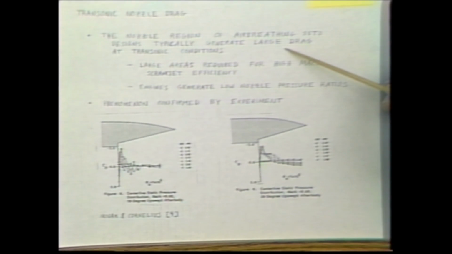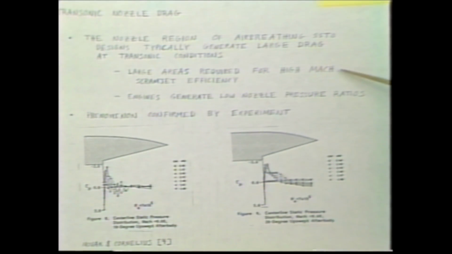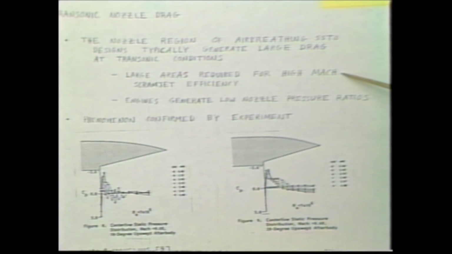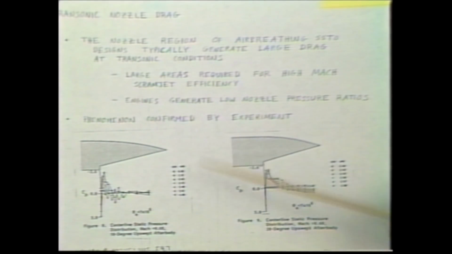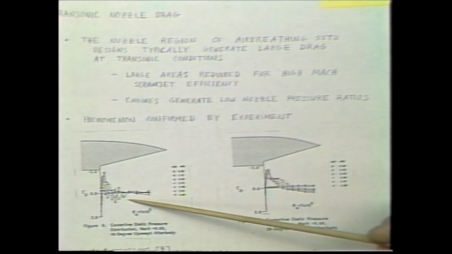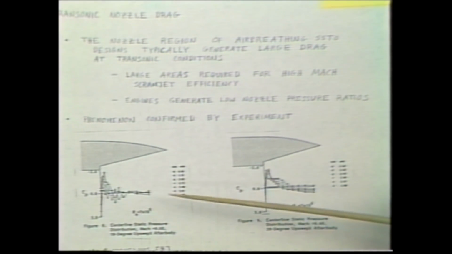Okay, nozzle. The nozzle region also typically generates large drag at transonic conditions. I already mentioned why a little bit. The large areas are required for high speeds. The engines can't generate a very high pressure ratio, so you can't fill up that nozzle area with high pressure air. This is some test data that was generated at Lockheed and reported in the literature, showing pressure distributions on the aft ramp at Mach 0.6.